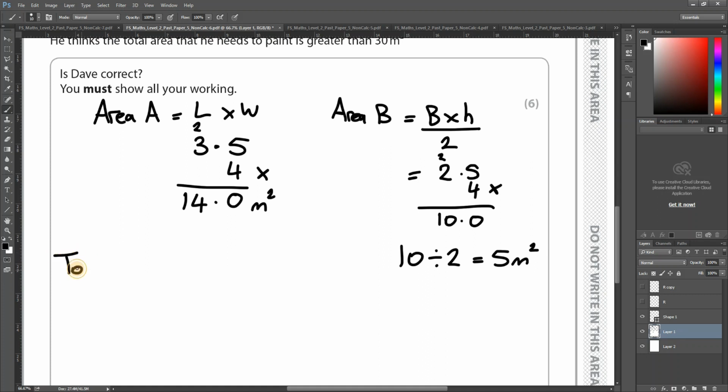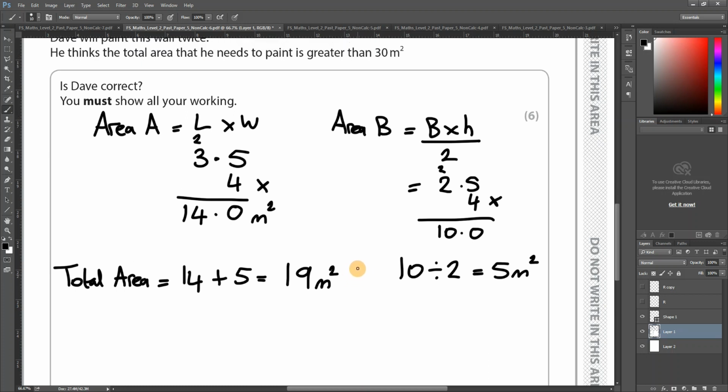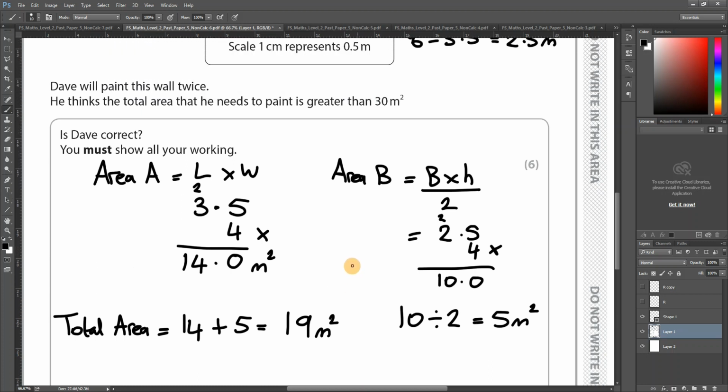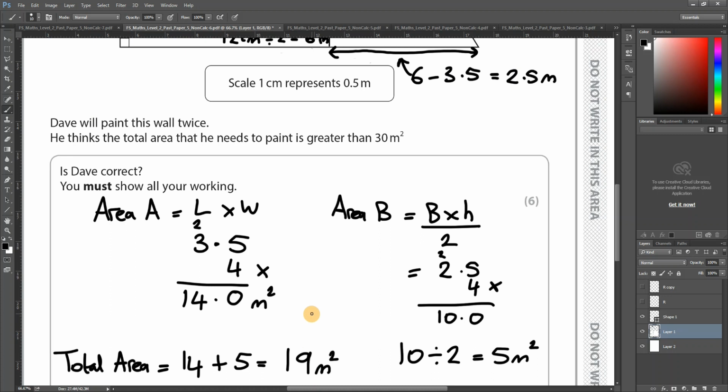So total area of the shape is 14. You can just call it 14, you don't have to call it 14.0 now. Plus the 5, which gives you 19 meters squared. So if you paint the wall once, it's going to be 19 meters squared.